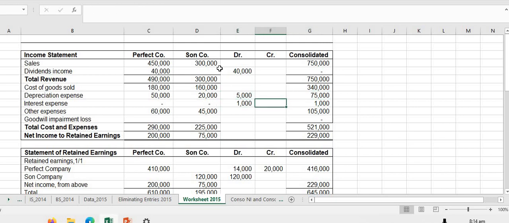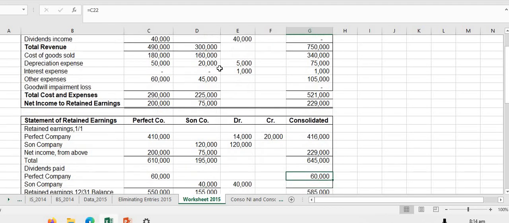Then our interest expense, here it is, that's other expenses. So, this is the consolidated column, that's actually the sum of the accounts of parent and the subsidiary plus the amortization of the excess. So, you have here your consolidated revenue of 750, and then costs and expenses of 521. So you have net income to retained earnings of 229,000.